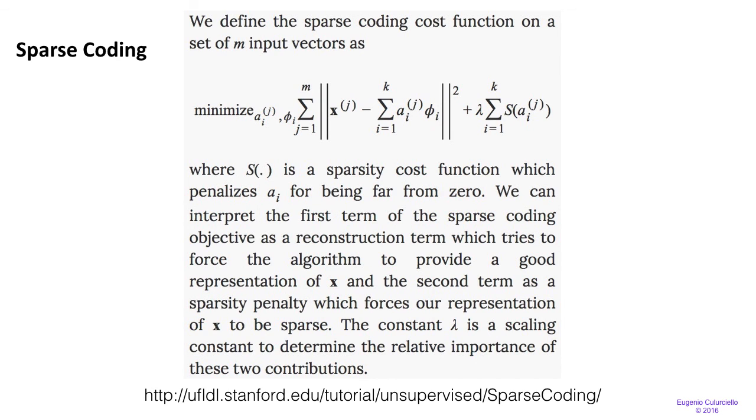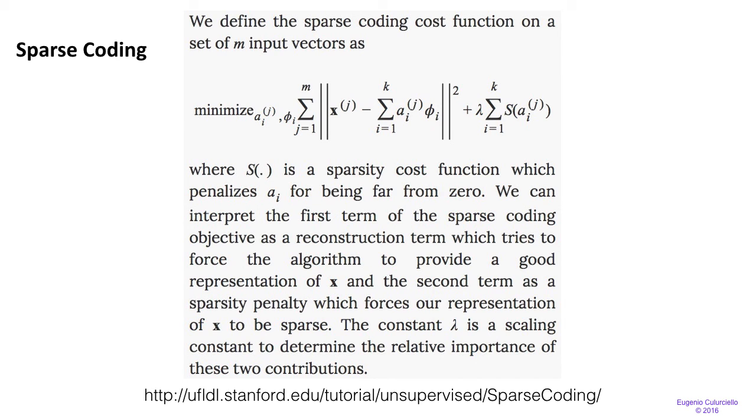So you want to minimize the combination of coefficients A, which are the weights that you use to recombine, and you also want to find the optimal base function. Basically the first term gives you a good reconstruction of the input. So for all the items in your data set, all the xj, you want to find the best possible error.